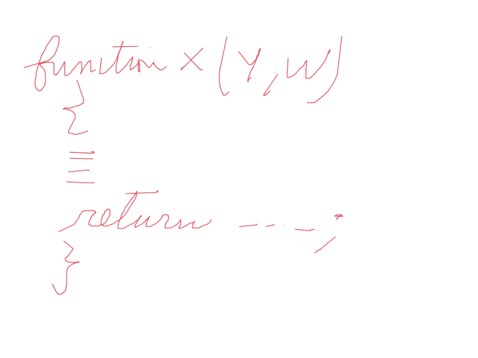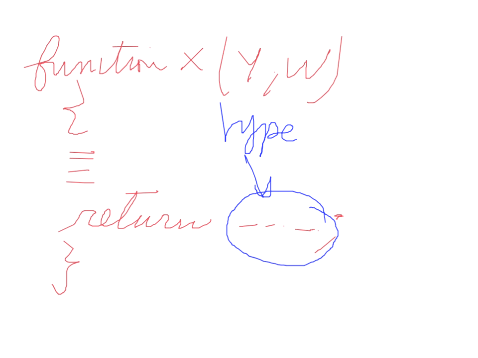So the type of the function's return is the type of that value. If the return is a number, the function returns a number. If the return is an object, the function returns an object, etc. Is it clear?